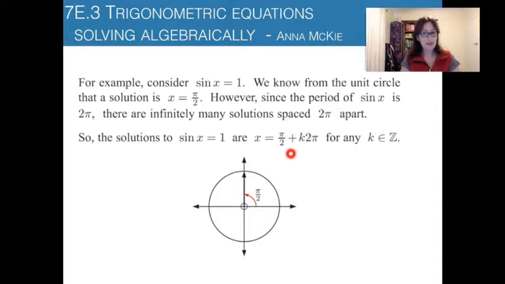The way we signify that is x is equal to pi on 2 plus k lots of 2 pi. That represents all of the periods, where k belongs to Z, and Z is from the family of integers.